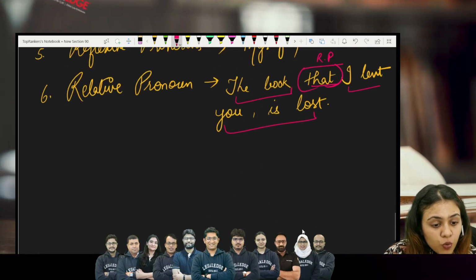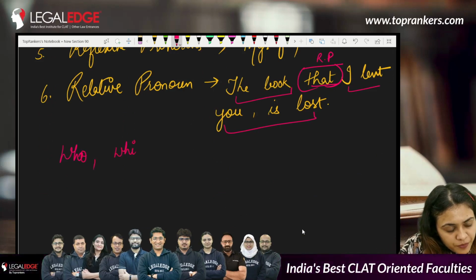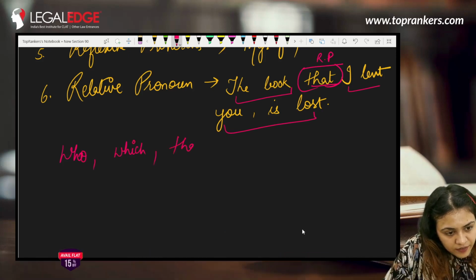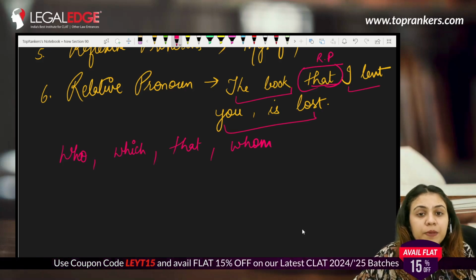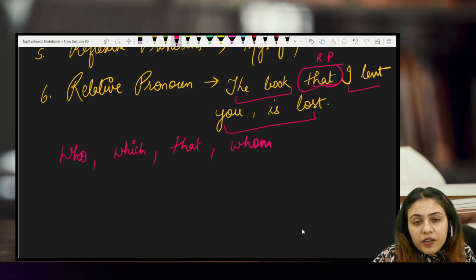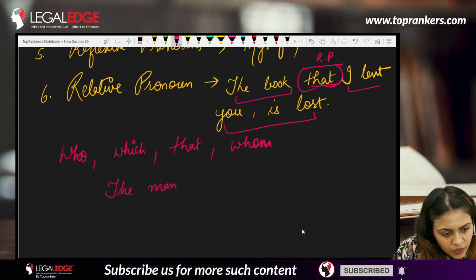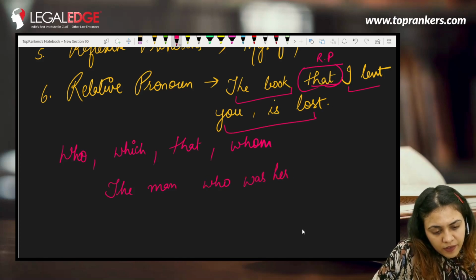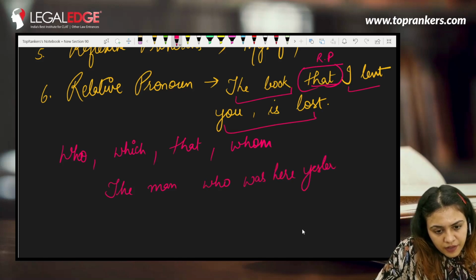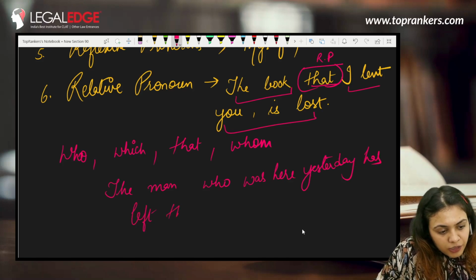Words such as who, which, that, whom, these behave like relative pronouns when they occur in the middle of a sentence. For example, the man who was here yesterday has left the country.